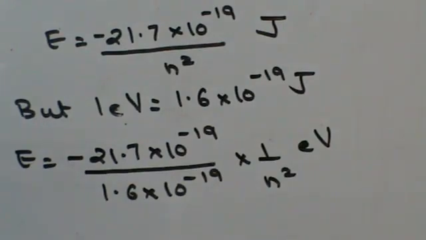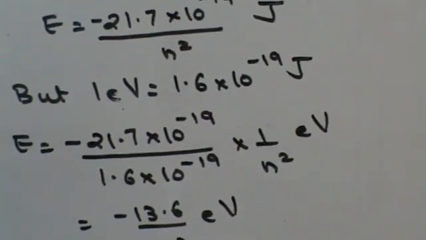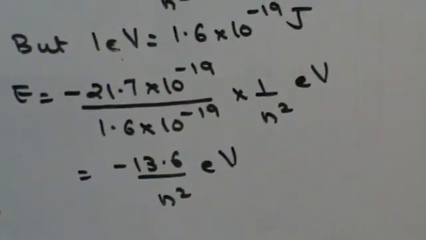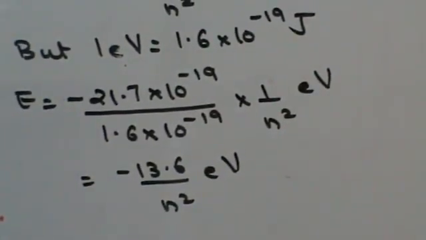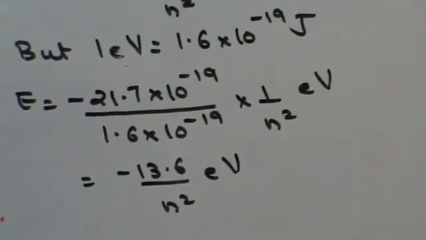When you divide this, you will get minus 13.6 upon n square electron volt. So the total energy in orbit n of Bohr's atom is going to be minus 13.6 upon n square electron volt.